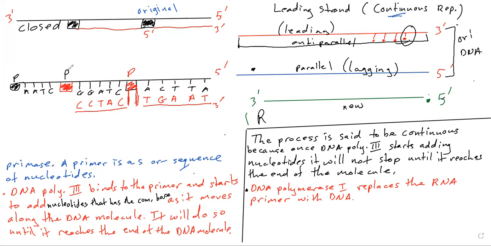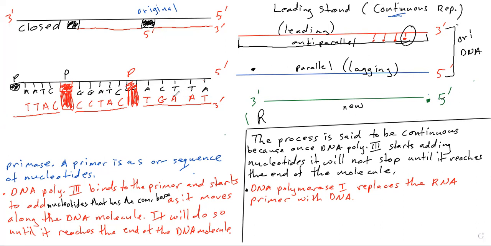Primer. Again, polymerase will come, so this would be T, A, and G, right? That part, primer, right? And the primer there. Good.